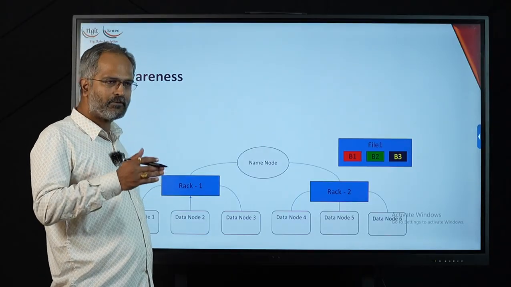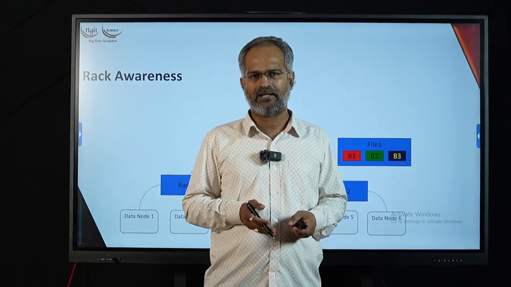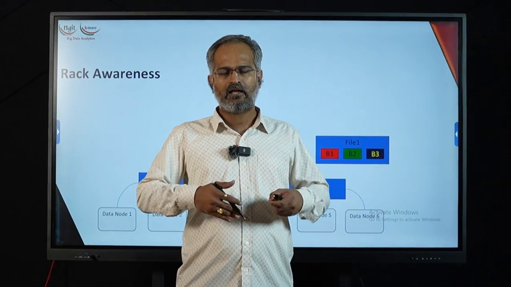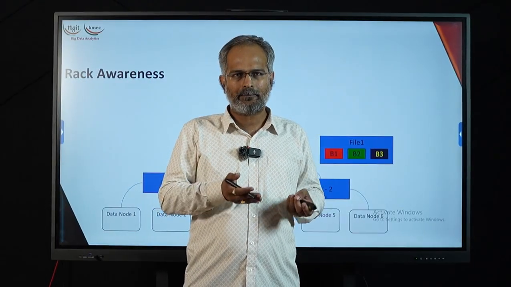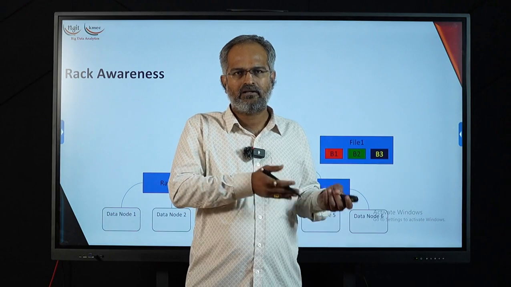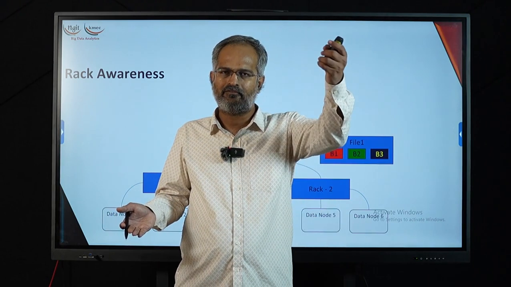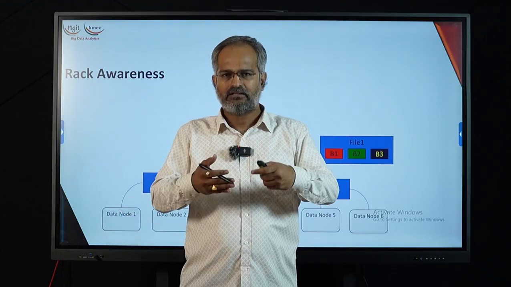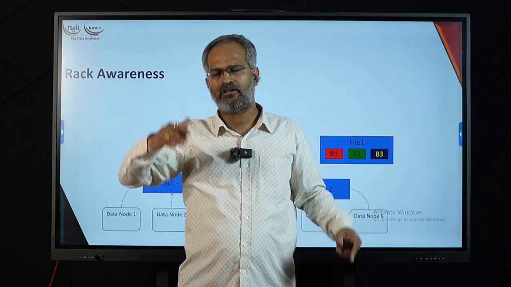Let us say, for example, a cluster is not in a single room or single building. It may be spread over the world, meaning one data node may be in Japan, another in India, another in Germany. The name node may also be available somewhere.